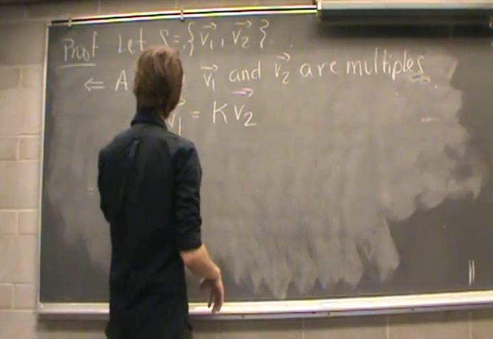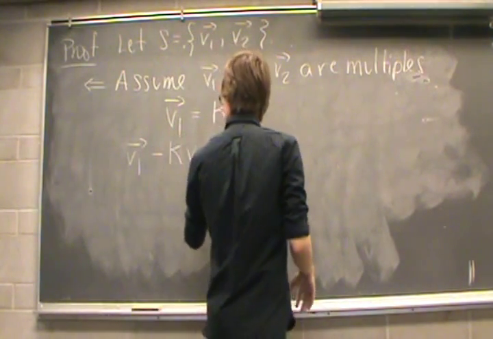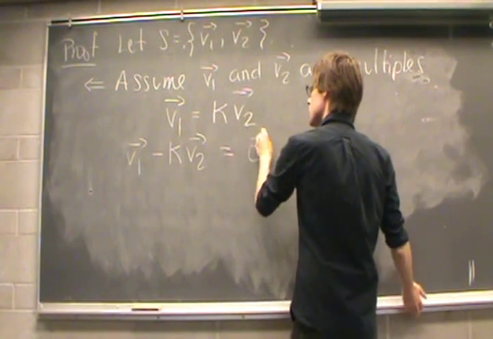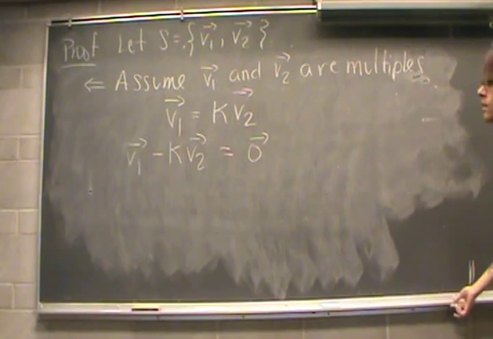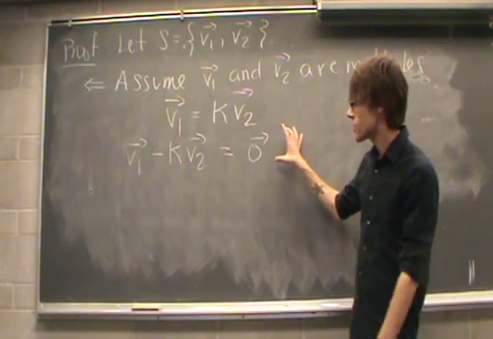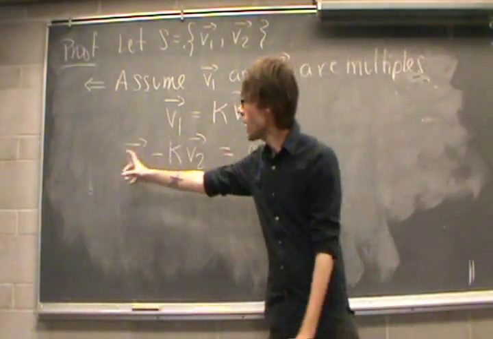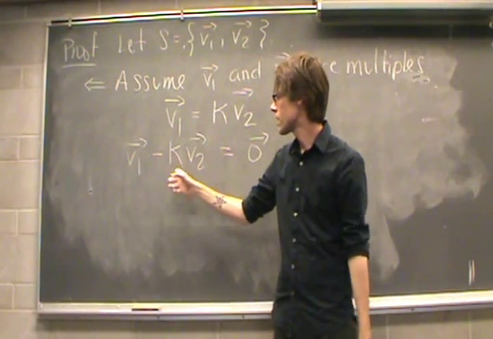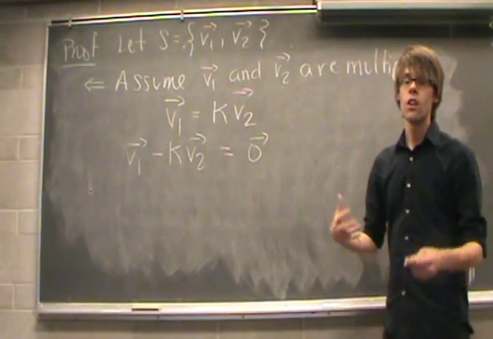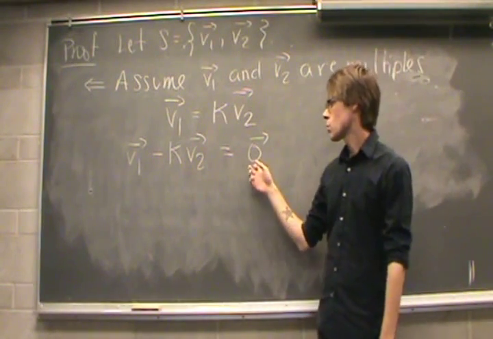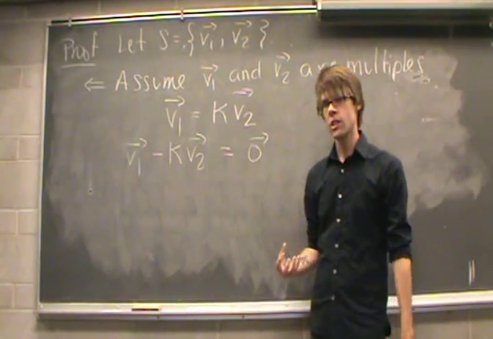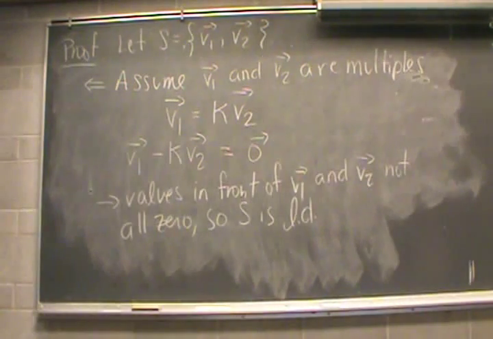So we get v1 minus k v2 equal to the 0 vector. And so you can see from this equation here that the values in front of v1 and v2 are not trivial. They're not all equal to 0. So what we get is a linearly dependent set.